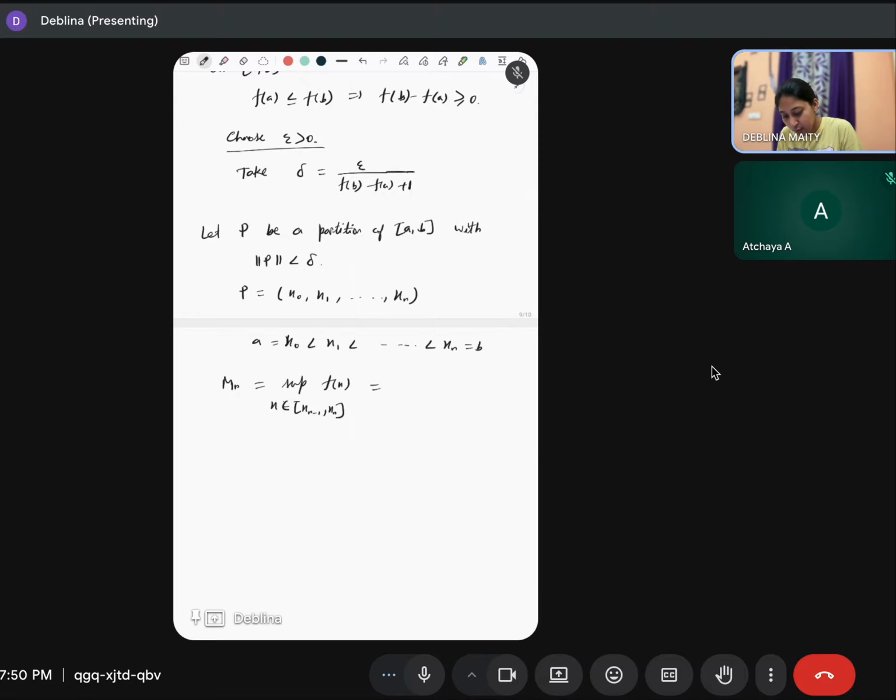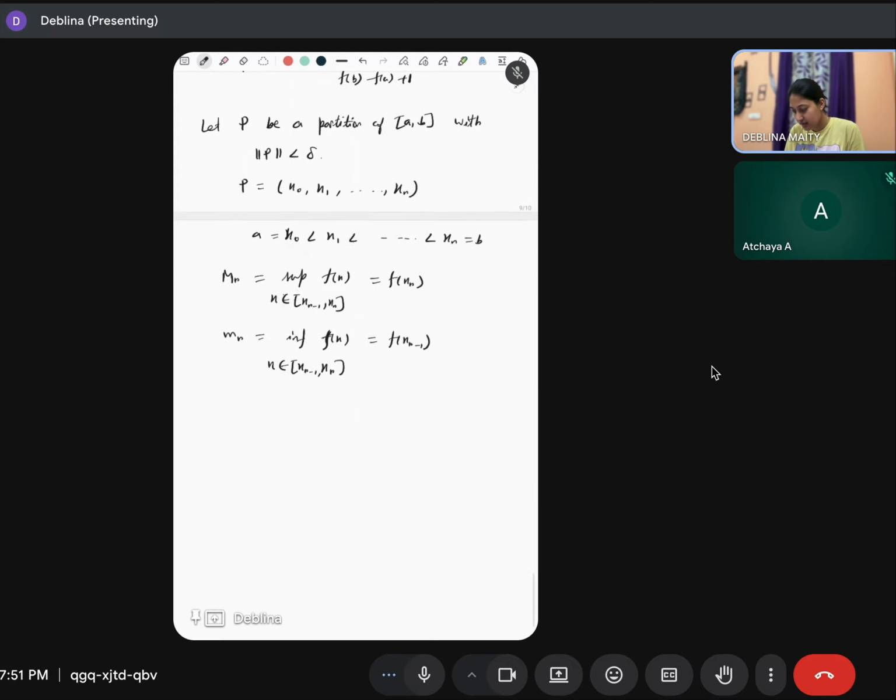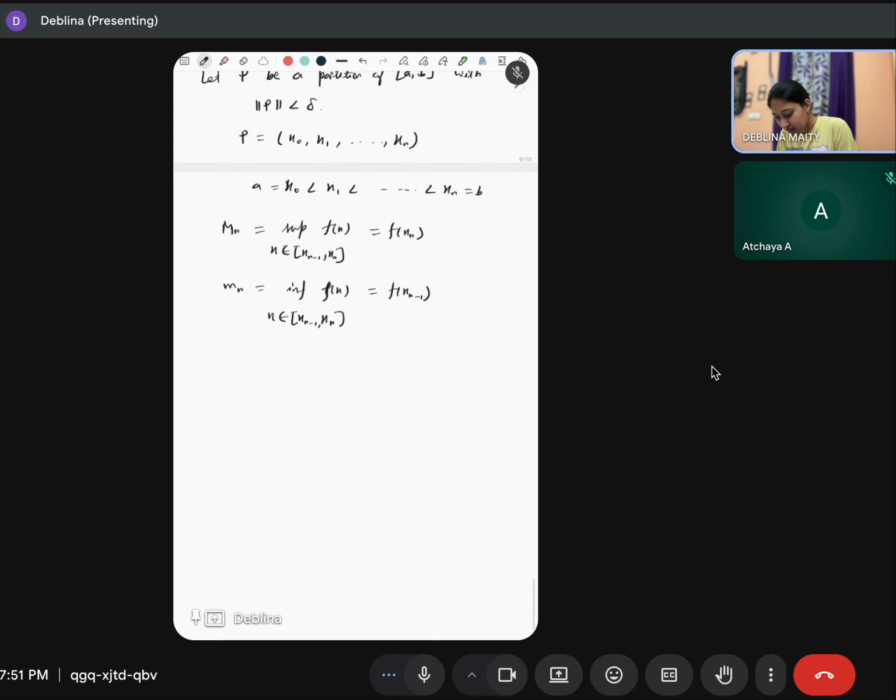So the supremum is actually f(xr), and mr is the infimum of f(x) when x belongs to this interval, and since it is monotonically increasing, the infimum value is f(x(r-1)).